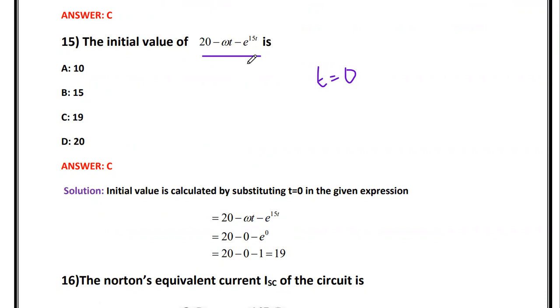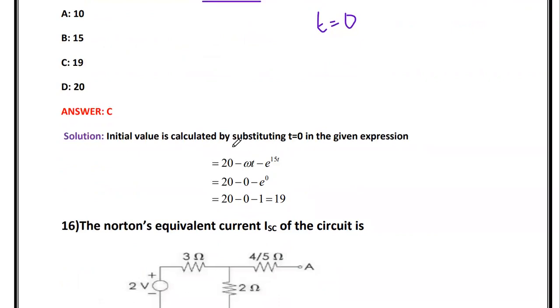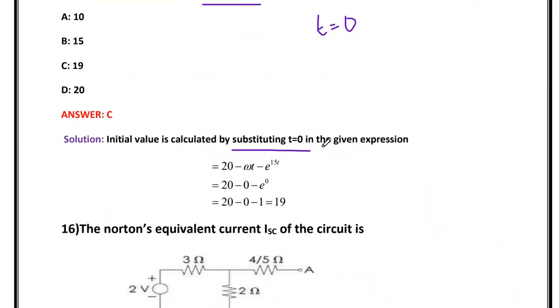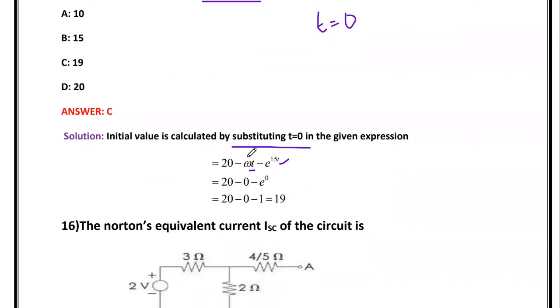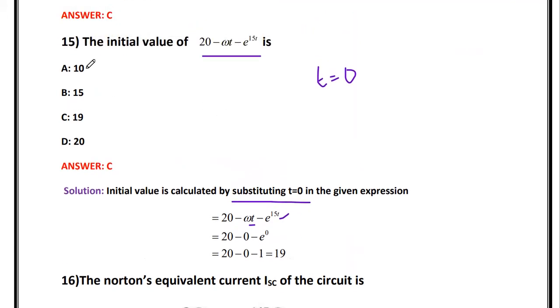To calculate the initial value, substitute t equal to 0 in the given expression. So 20 minus 0 minus e power 0, and e power 0 is 1. Finally, 20 minus 1 gives 19. Among the four options, C is the correct one.